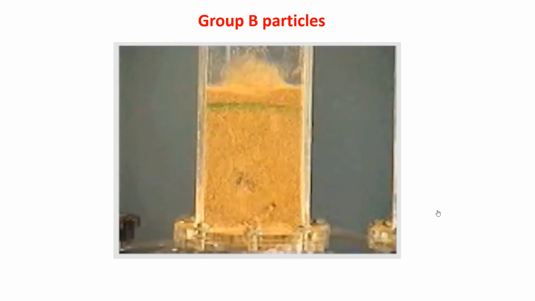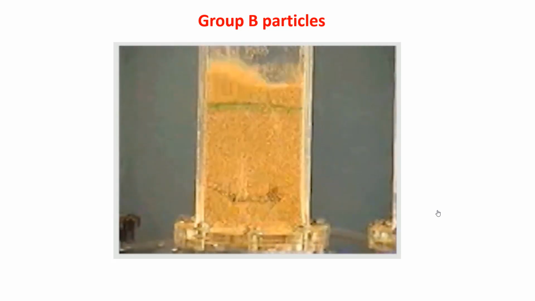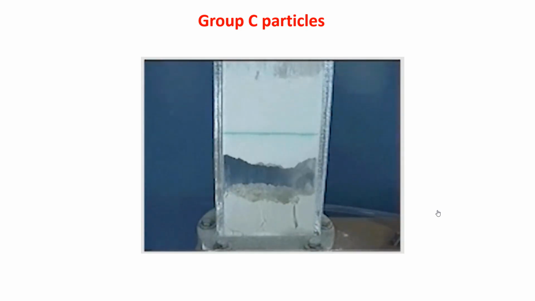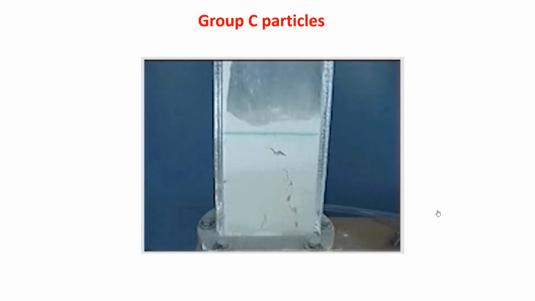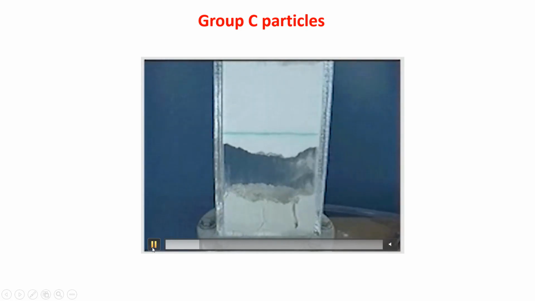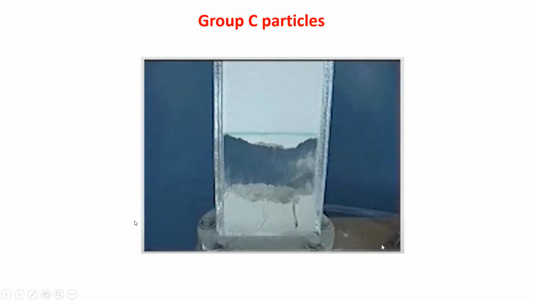Okay, so this is the group B particle. Next comes the group C particle. I have told you that it is kind of like talcum powder. When it goes up, you can see a bulk of powder going up at the same time.